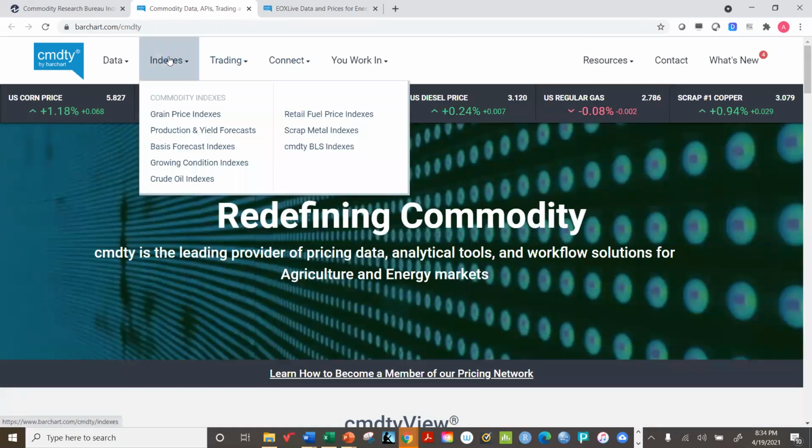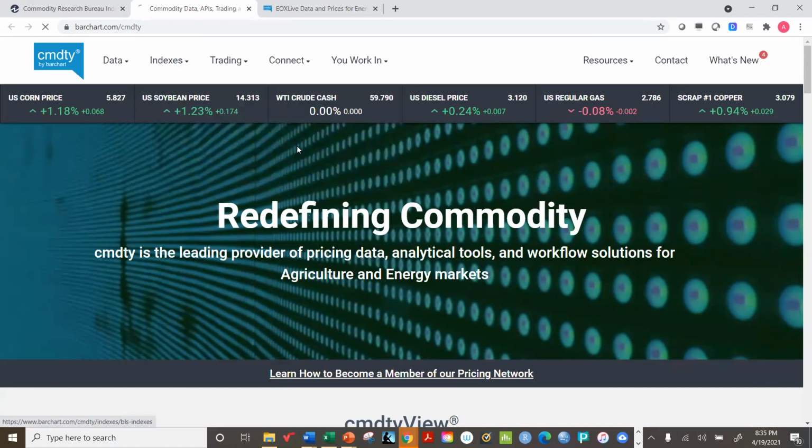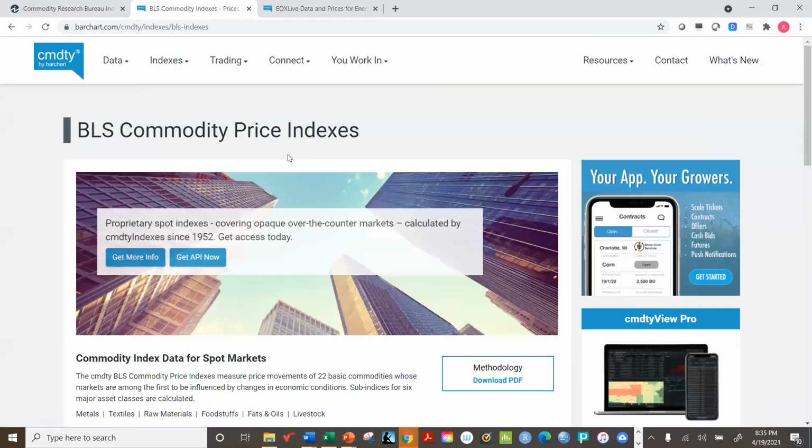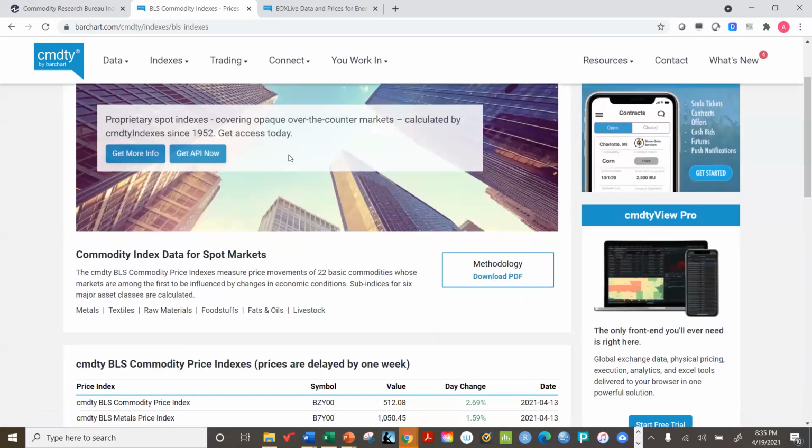Oh, here we go. So it looks like they've got more than one index, but there is one standard CRB index, which maybe this is it. It says here the commodity BLS price index measures price movements of 22 basic commodities whose markets are among the first to be influenced by changes in economic conditions.